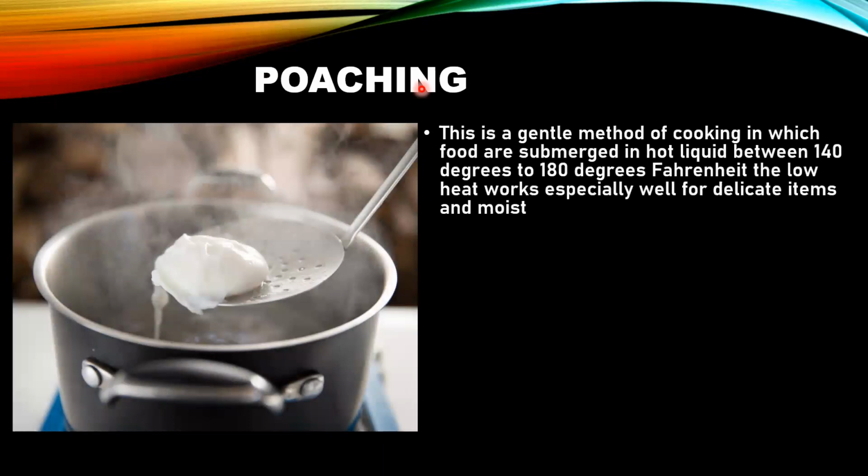In poaching, poaching is a gentle method of cooking in which food is submerged in hot liquid between 140 to 180 degrees. The low heat works especially well for delicate items and keeps them moist.